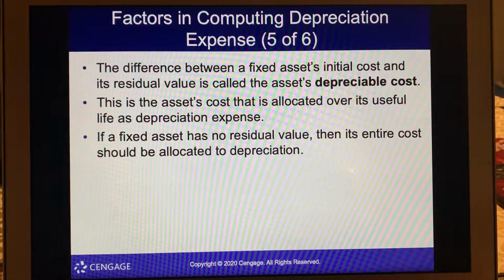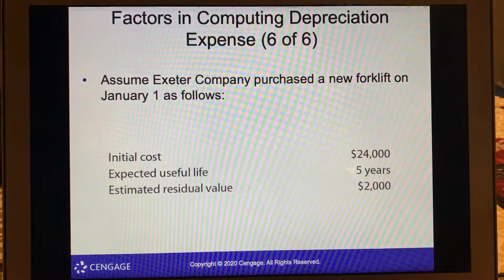The difference between a fixed asset's initial cost and its residual value is called the asset's depreciable cost. This is the asset's cost that is allocated over its useful life as depreciation expense. If a fixed asset has no residual value, then its entire cost should be allocated to depreciation.